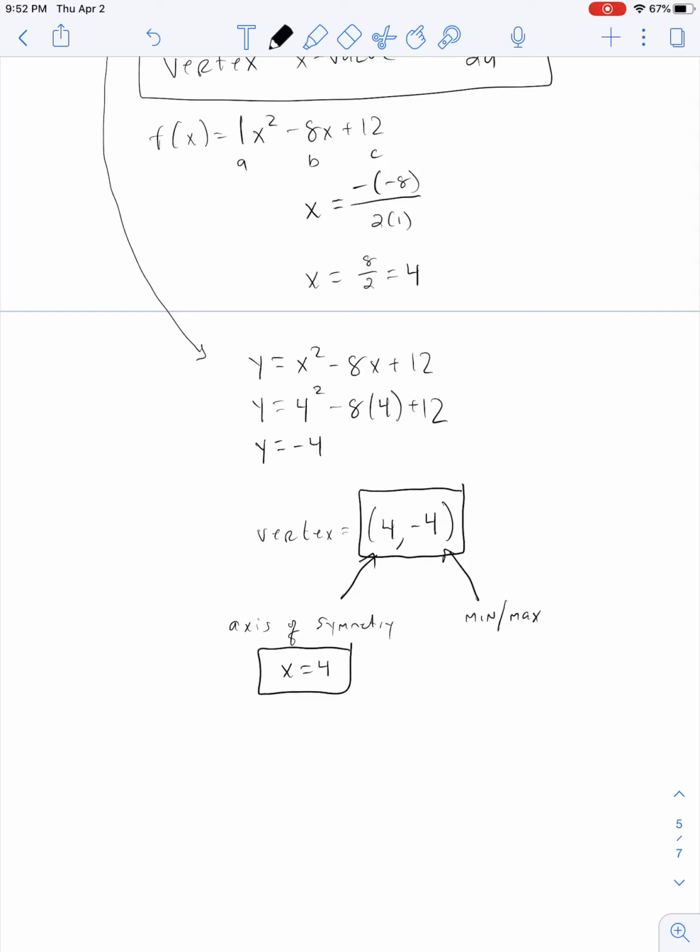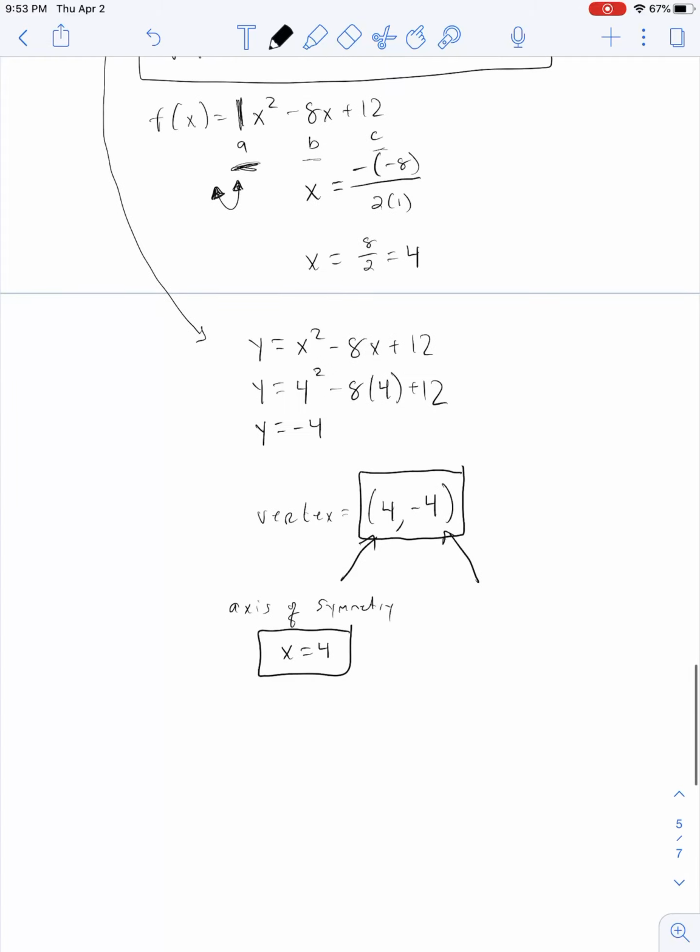Let's go back here. Let me erase this. We can see that we have an a, b, and a c. We see that our a is a positive 1, which means it's going to open up. So we definitely know that it opens up because a is 1.